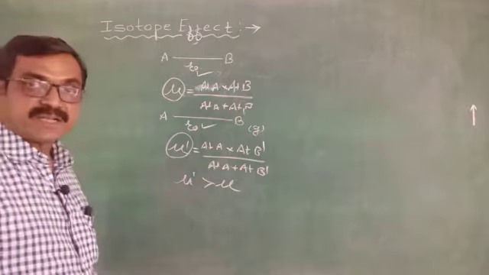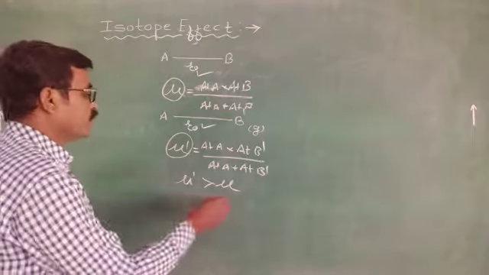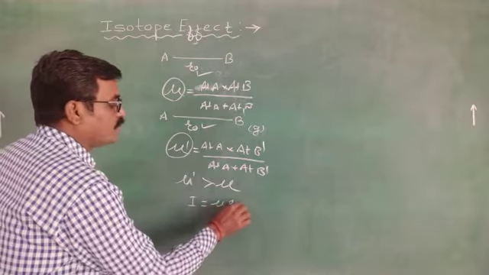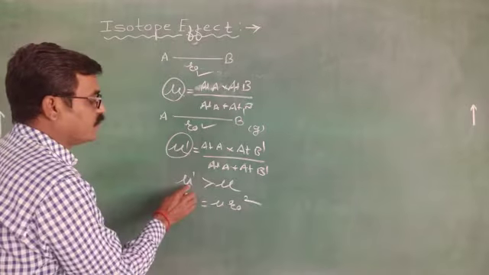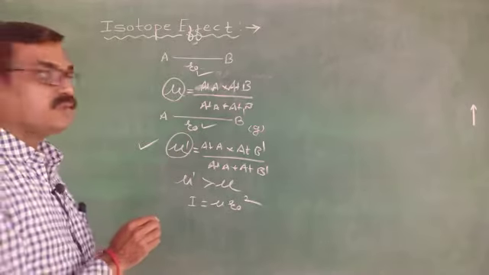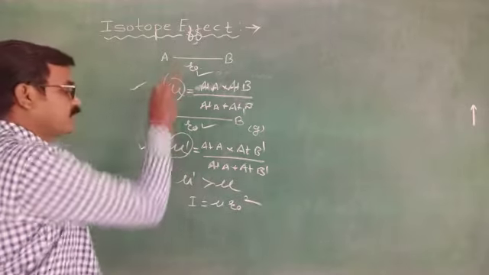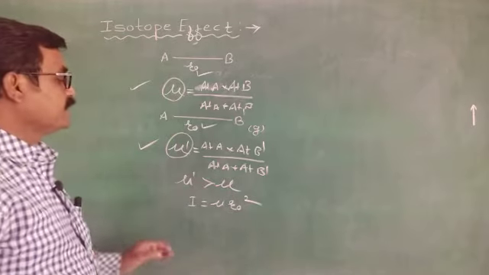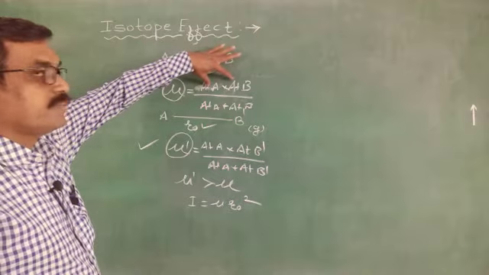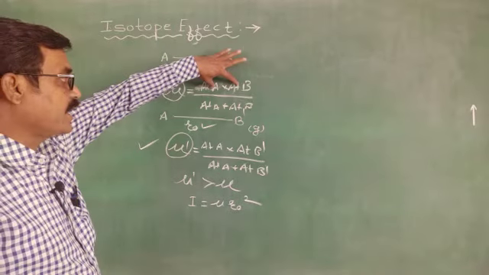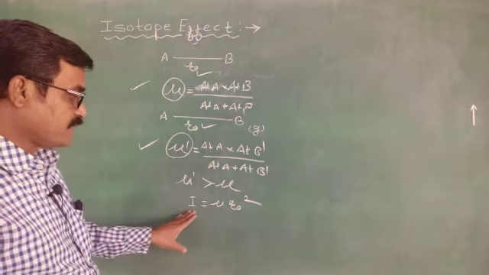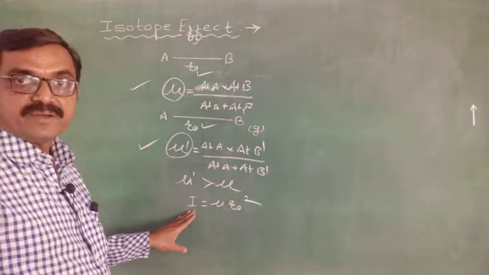Since the reduced mass is different and I equals mu r0 square, if the reduced mass is more then the moment of inertia is also more. Since the reduced mass is the product of the two atomic masses divided by their sum, this I is also different.